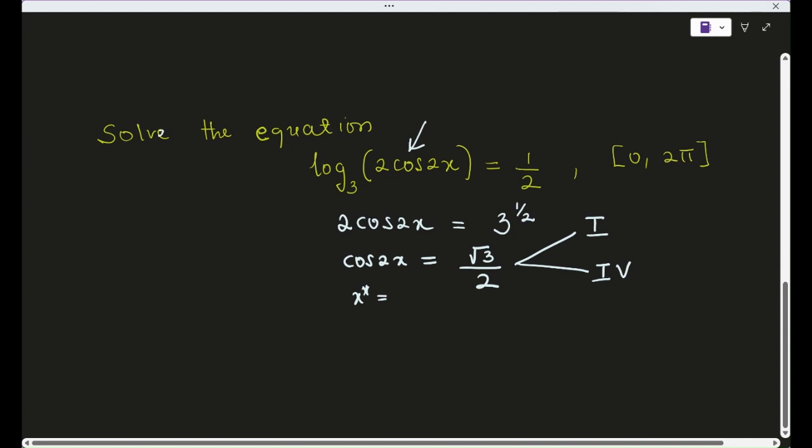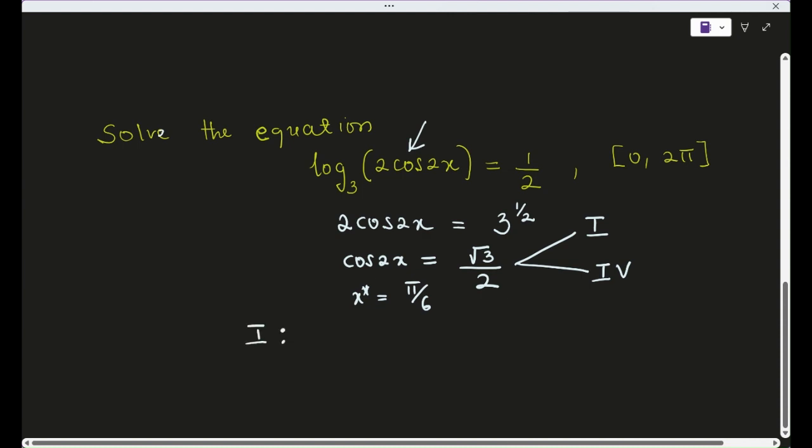It's an angle in the first quadrant, but the cosine of it has to be root 3 by 2. So root 3 by 2 is the cosine of 30, so this is going to be pi by 6.